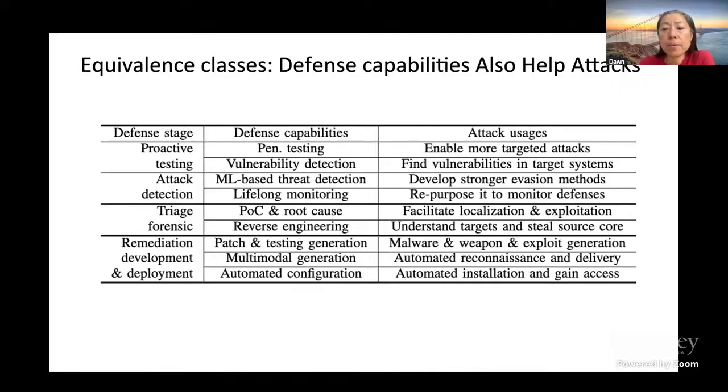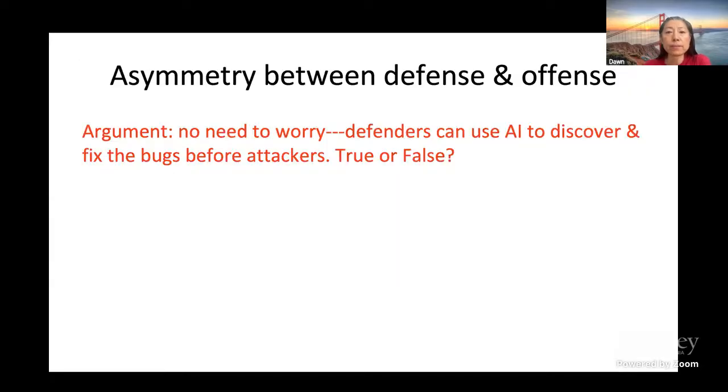Unfortunately, the same capability advancements for defenses can also often help the advancement of attack capabilities of the corresponding stage. So in our work, we provide more detailed analysis for these different equivalence classes across the different stages of attacks and defense. So this illustrates the challenge of having AI help more on the defense side versus the attack side, given the dual use nature of AI technologies.